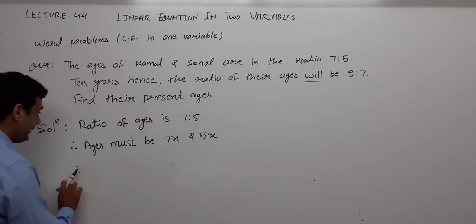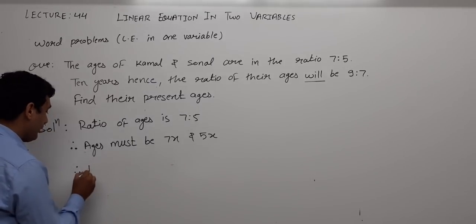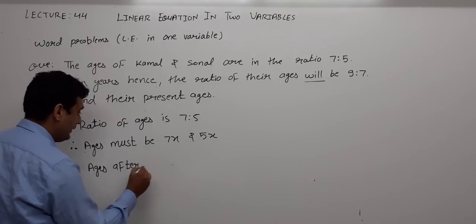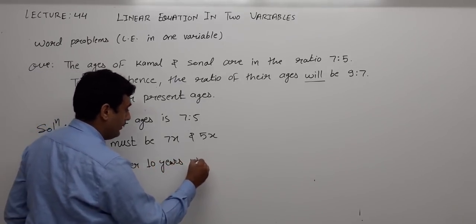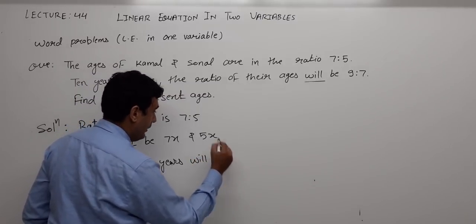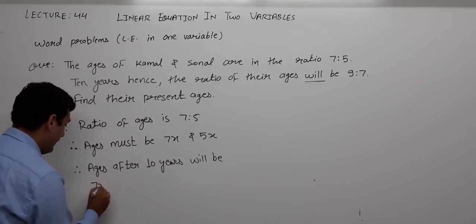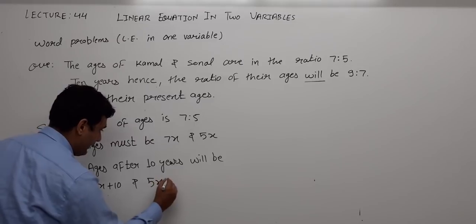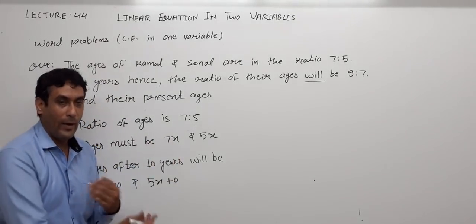Now these are the current ages, therefore the current ages must be this. Therefore, ages after 10 years will be 7x plus 10 and 5x plus 10, isn't it? If the current age is 7x, after 10 years we have to add 10.